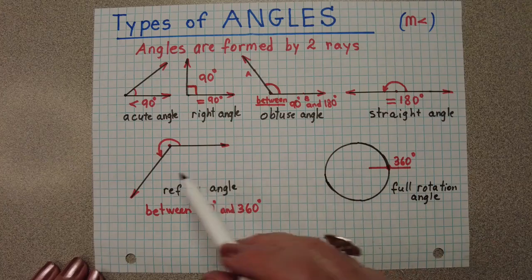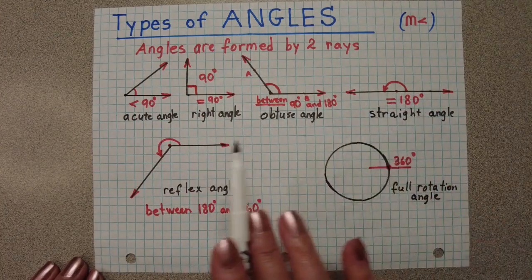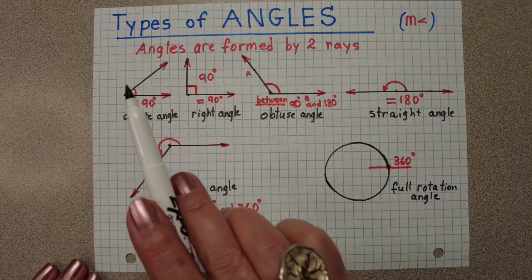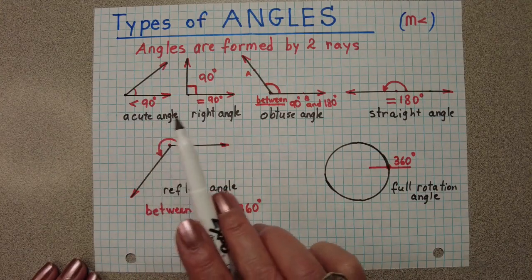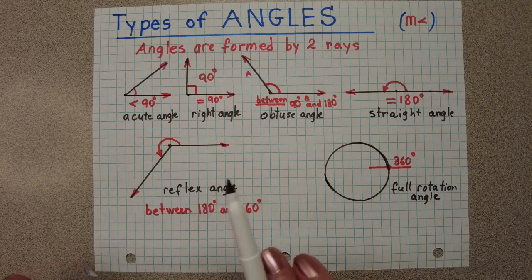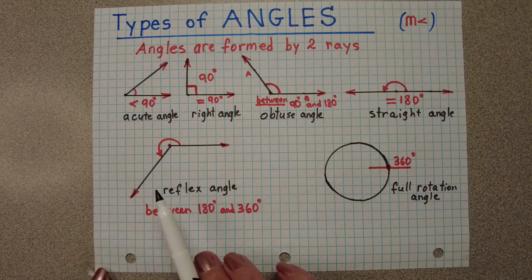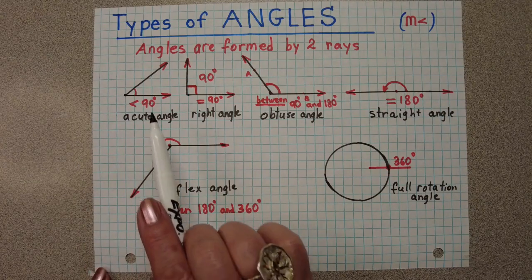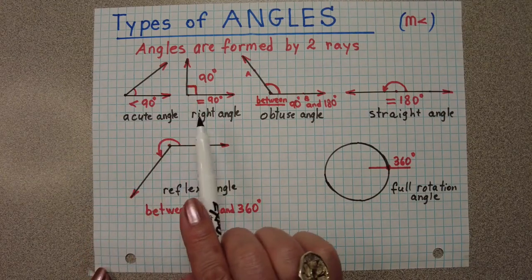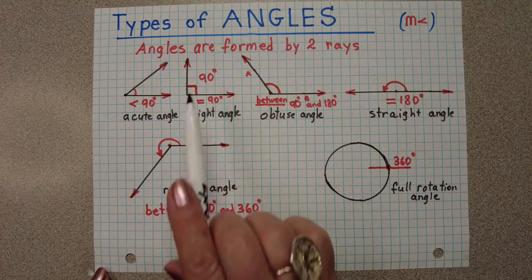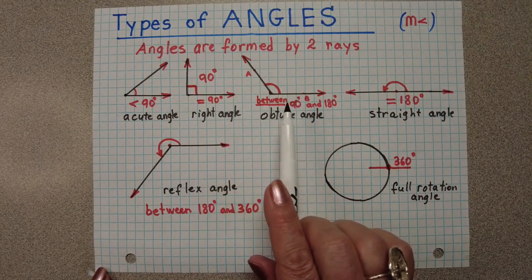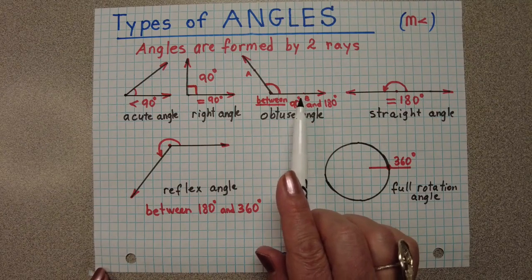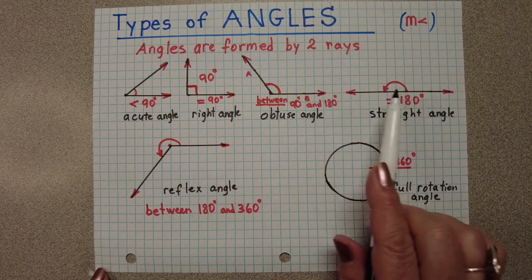Okay, those are mainly the angles we need to know, and we'll use them in geometry, in math, everywhere in our lives. So let's repeat one more time. Acute angle, which is less than 90 degrees. Right angle is exactly 90 degrees. Obtuse angle is between 90 degrees and 180 degrees.